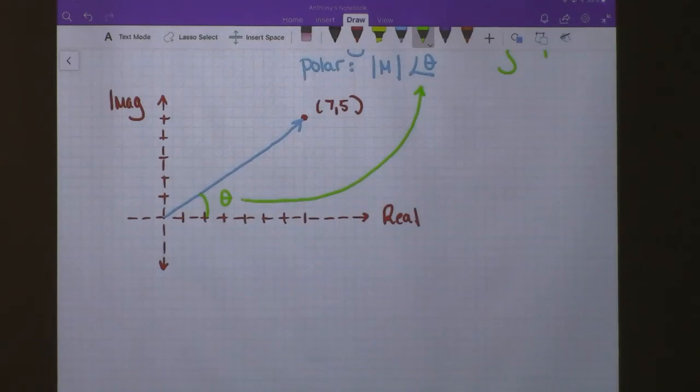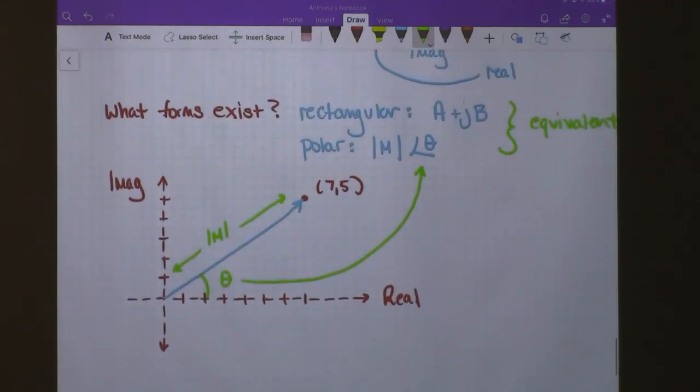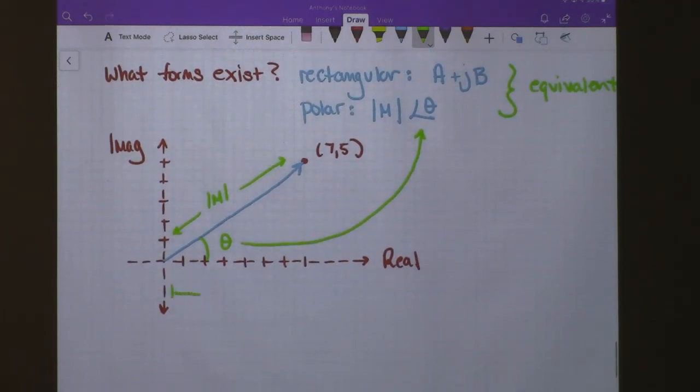And it has a magnitude, which represents the length of the vector. And that's the same m as above. This right here is what we were calling a above, and this right here is what we were calling b above.